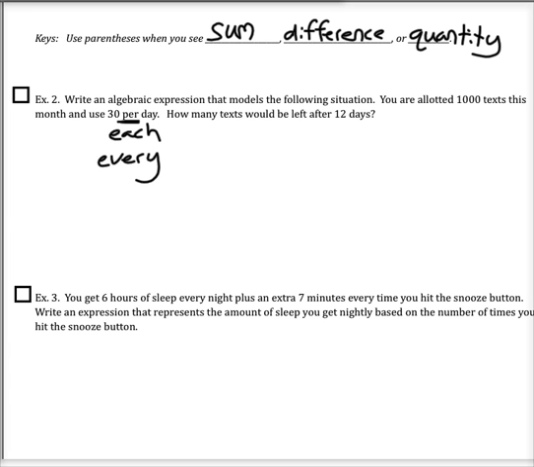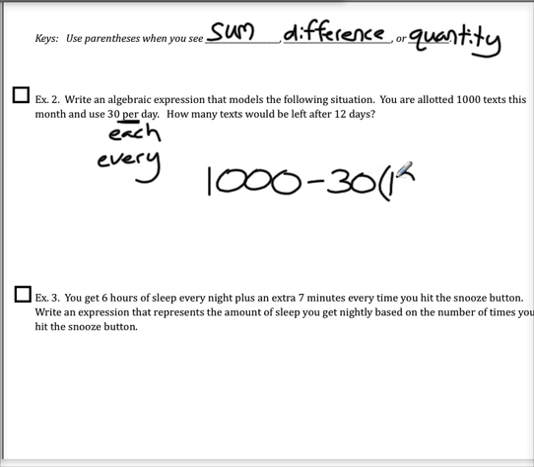Now, to start off with, you're allotted 1,000 texts. So you're starting with 1,000 texts at the beginning of the month. And you use 30 per day. The fact that you're using them means that you are taking those away from that total. That is what using them up means. So using 30 per day, I told you, is a rate.